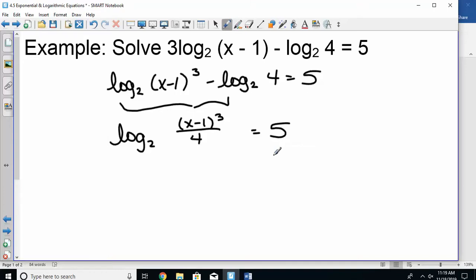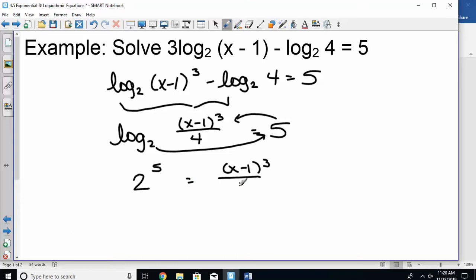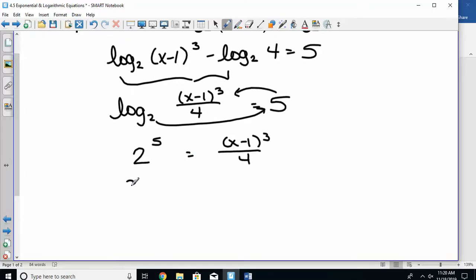Alright, so you always start with the base. So the base of my log is 2. So it'll be 2 to the 5th power equals my x minus 1 cubed over 4. So 2 to the 5th is 32.